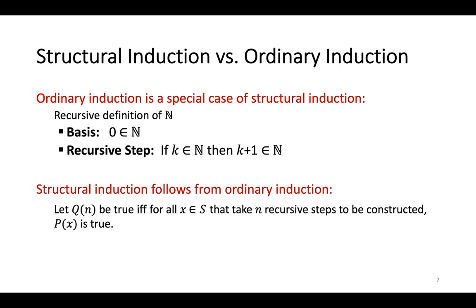And this is the difference between structural induction and typical induction. Ordinary induction is a special case of structural induction, which uses the set of natural numbers instead of a general set S. Structural induction uses a general set.